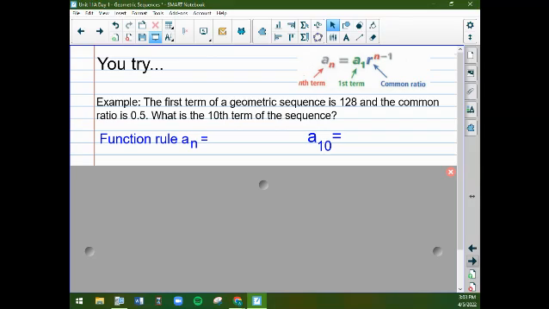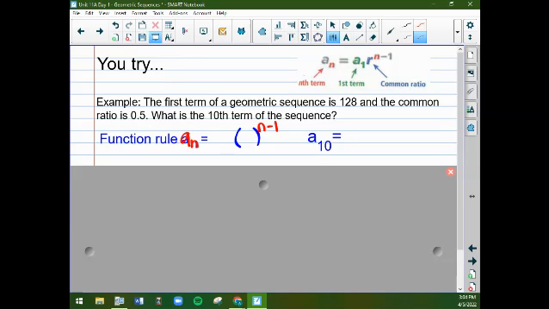So now let's try. We're going to start off by writing a generic function rule, and then we'll actually calculate the term number. So I'm starting off with my a sub n, and then we're going to get some number, some rate, and then remember, I'm going to have my rate, my common ratio, to the power of n minus 1. That's the general function rule.